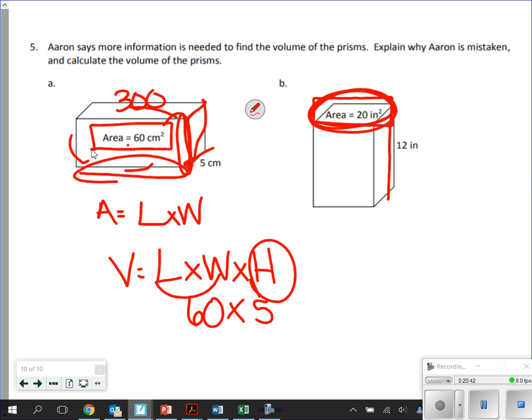So, with the volume being length times width times height, they've already done the length times the width part. So this would be 12. It doesn't matter if it's 12 times 1, 3 times 4, 6 times 2. Did they ask that? No. Nope. They're just asking, can you figure out the volume? Yes.